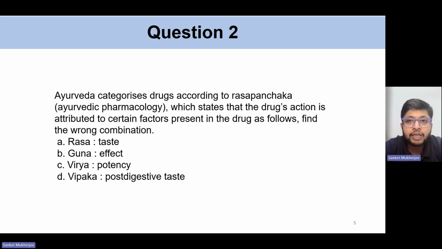Okay, so the answer to this question: the wrong combination among them is guna, effect.